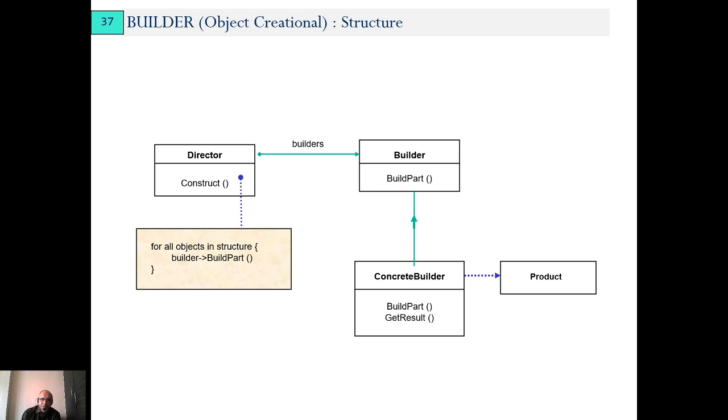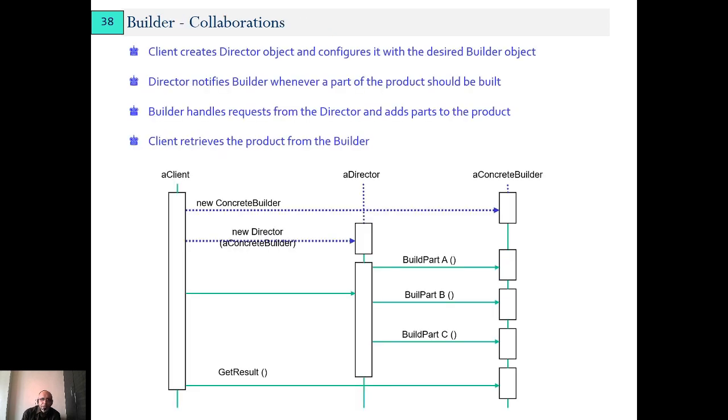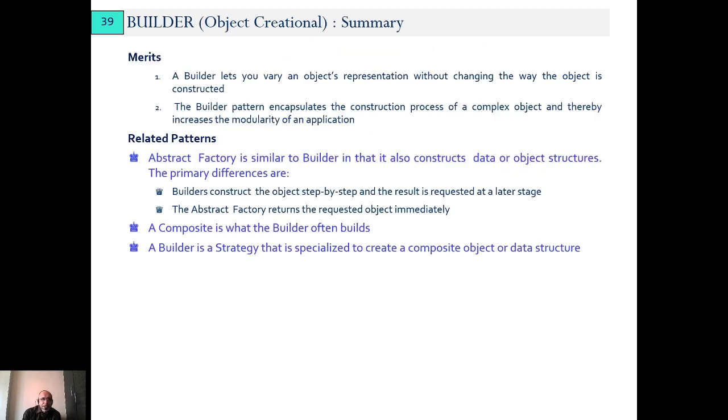You can control the builder. So this is the message sequence chart. A client makes a request to a concrete builder, and a new director is there. Build part A, build part B, build part C. This is done from the director, that is the controller, to the concrete builder, and the result goes to the client.